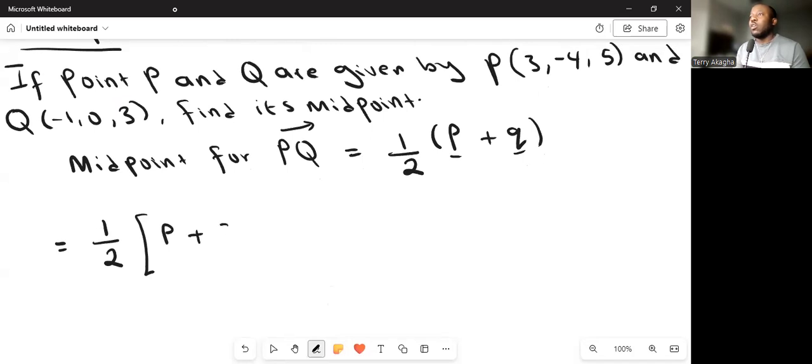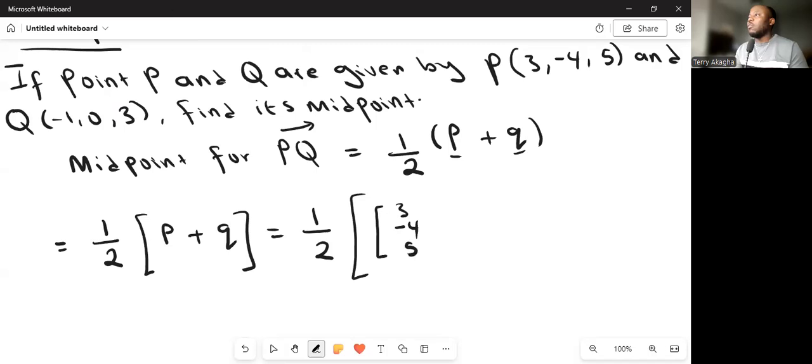The P we have here is (3, -4, 5), plus the Q we have here is (-1, 0, 3).